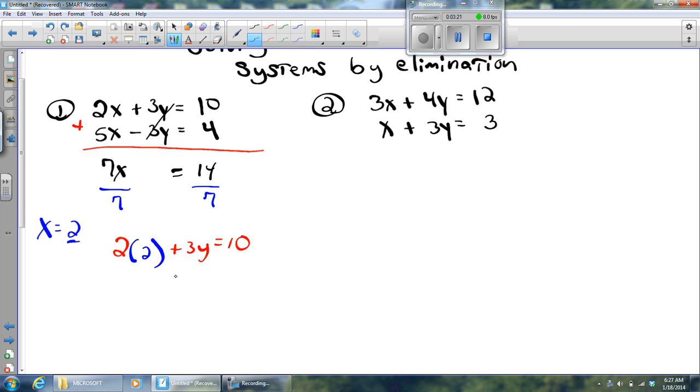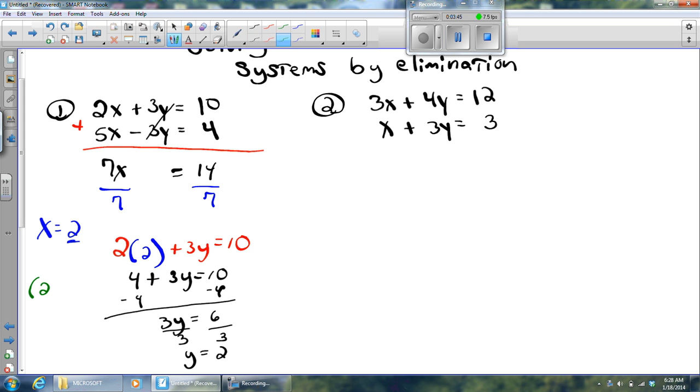Personal preference, really. 4 plus 3y equals 10, and now I'm ready to subtract 4 from both sides. I'll get 3y equals 6. I'll divide by 3, and I'll get y equals 2. So therefore, these two lines intersect at the point (2, 2).